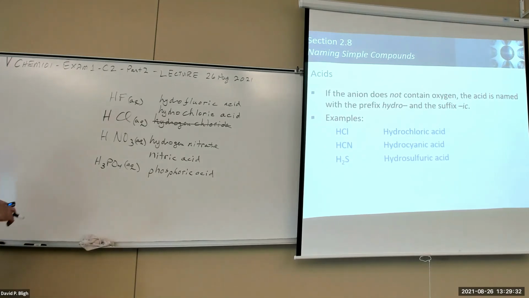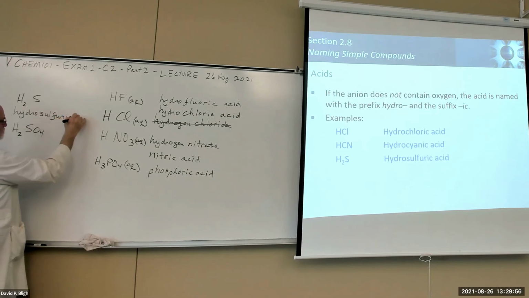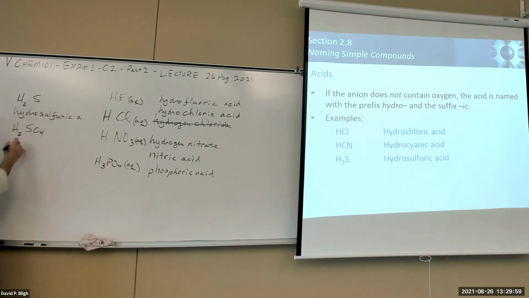And this one, okay, I'm going to draw a contrast between this one and this one. This one has no oxygen, so it's hydro. Sulfuric acid. This one has an oxygen in it, so it's just sulfuric, because that's sulfate, sulfuric acid.